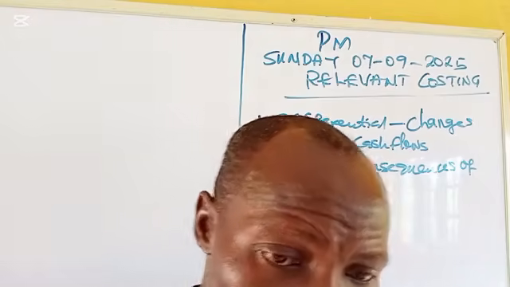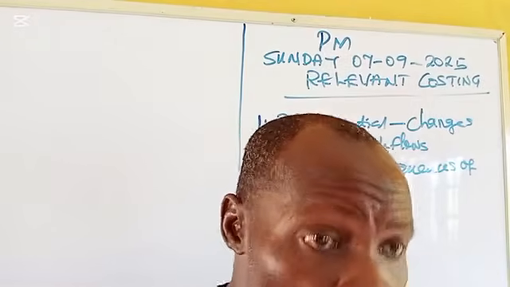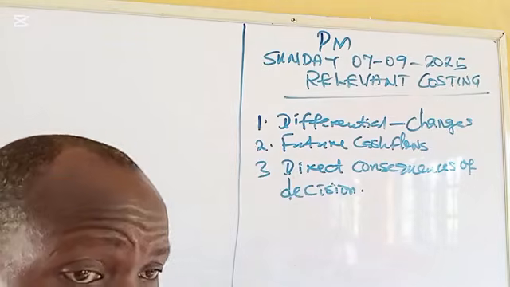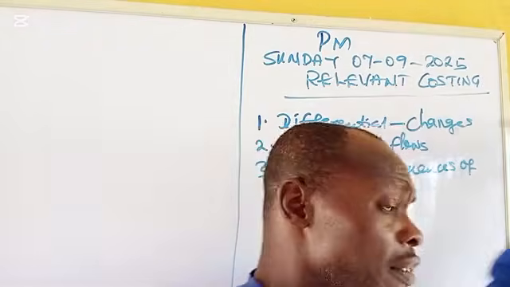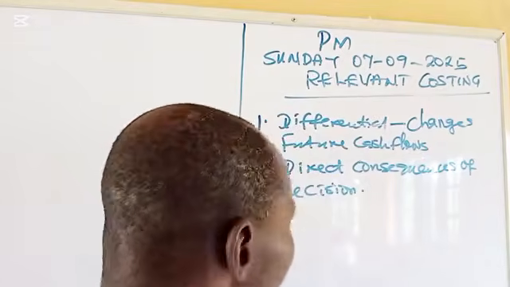As you intend to produce more, then more of such costs will be incurred. When you produce less, you incur less of it. That is differential.